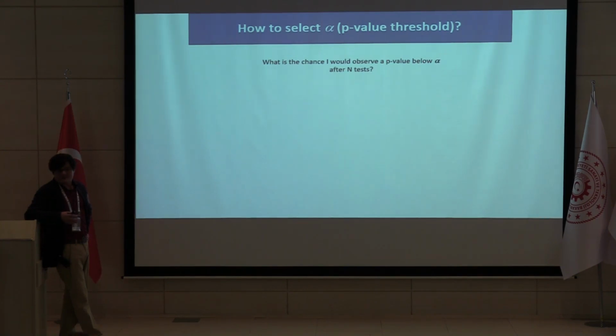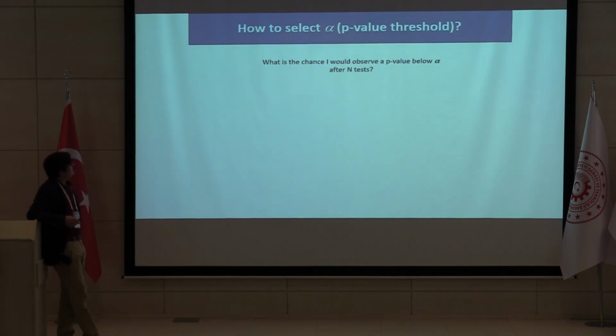So what's the idea? If I'm running 1,000 tests and I use a 5% significance threshold, I will get 50 hits at random, under a complete null. So that's not working. I have to correct for how many tests I run. That's a non-trivial question because my variants are correlated, so they are not independent. What the community does, and we can question the wisdom of the community, but this is the standard in the field.